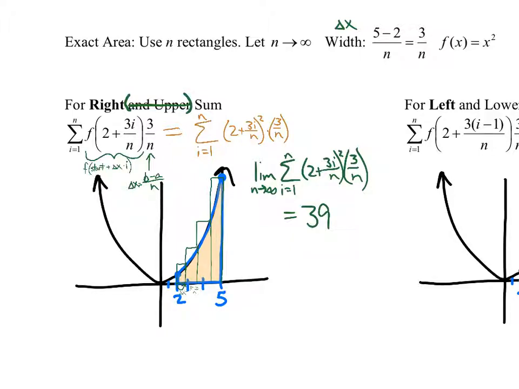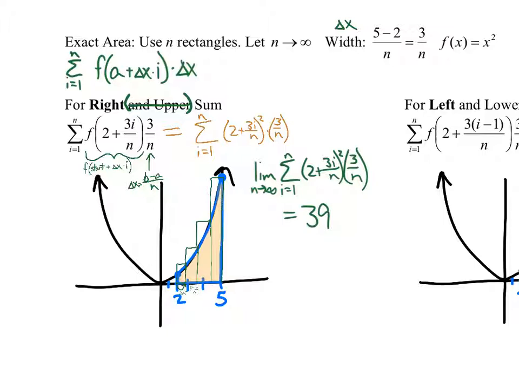How did they come up with the formula again? The plus 2? Again, guys, hang on. How we come up with the formula, you could think of it this way. For a right sum, it's the sum from i equals 1 to n of f of a plus delta x times i, times the delta x.